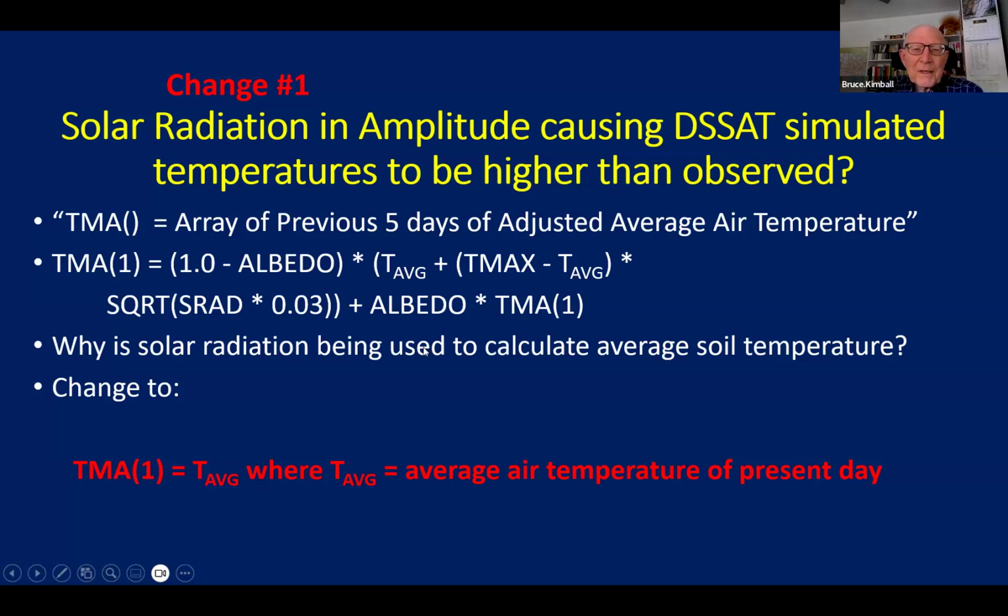But then this is on a daily time step, and every nice clear day is usually followed by a clear cold night. So what's going on? Let's just change this TMA thing to the average temperature for the particular day. And so I tried that.